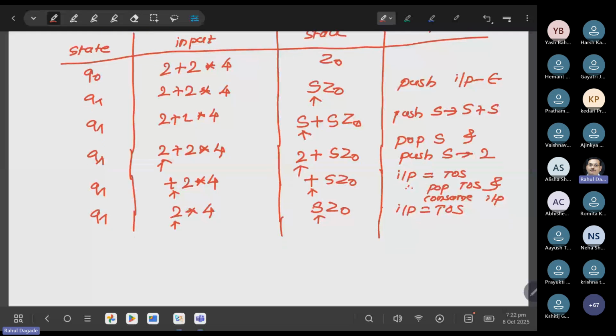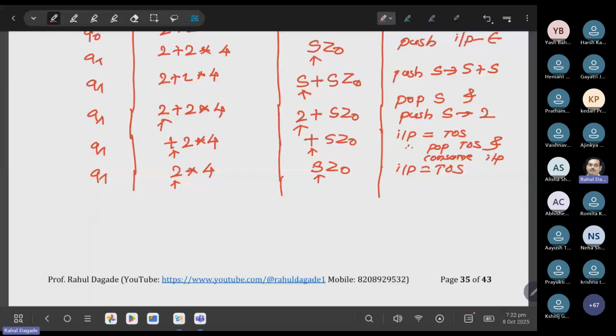If it is not matching, then add the production of S. So this is Q1. Here the input is not consumed, 2 into 4 remains, and its production is added, S into S Z0. So what we have done here is pop S and push its production, S gives S into S.